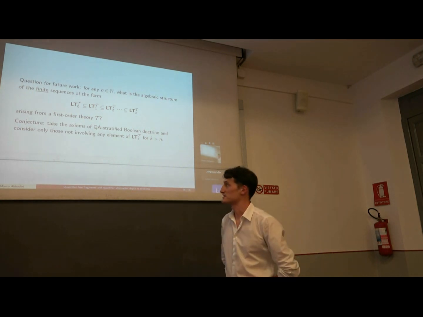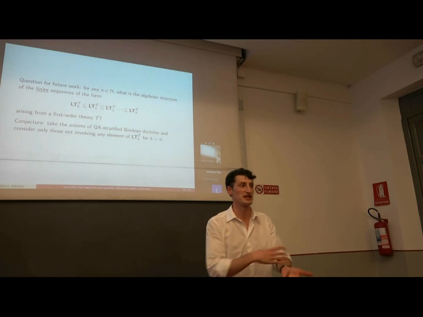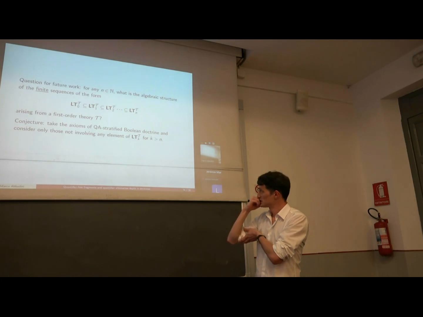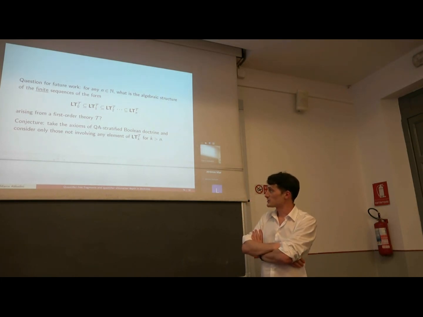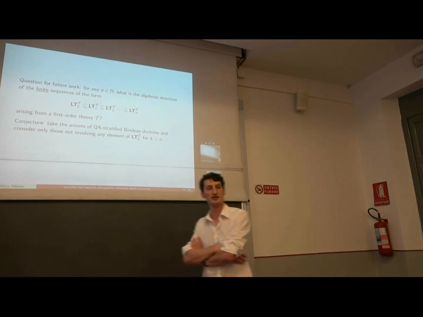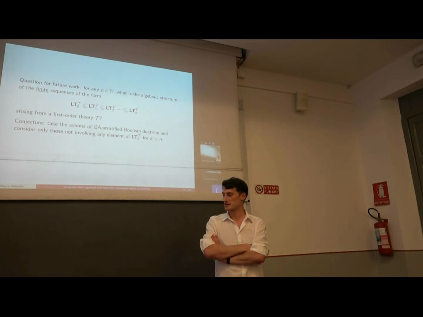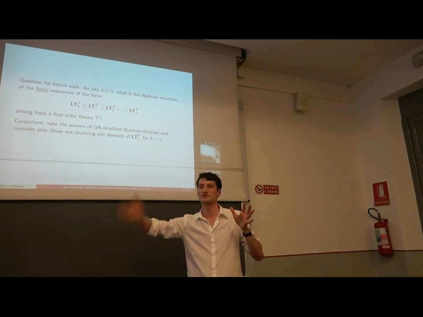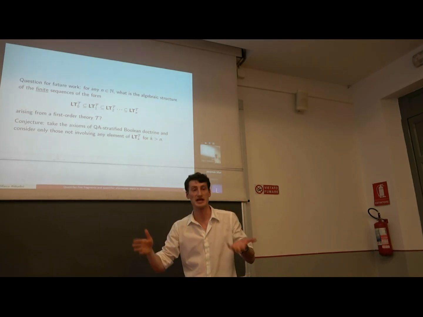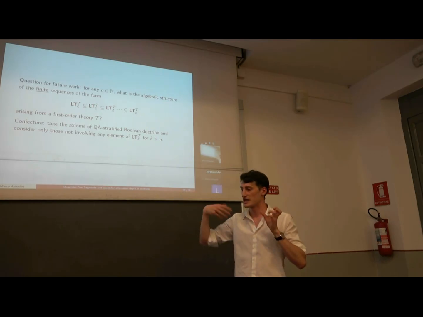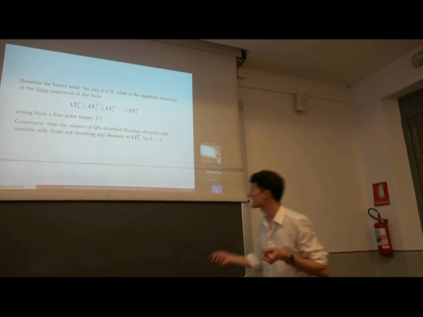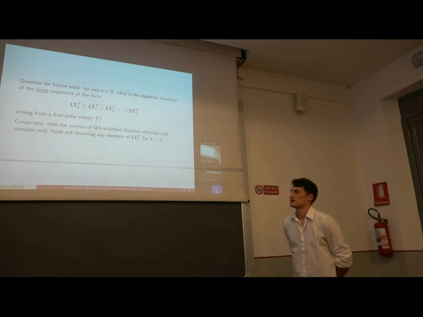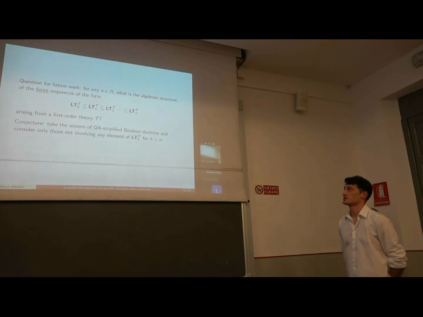And then you ask, what are the axioms that capture the structure arising this way? And we don't know yet. The conjecture is that you look in the definition of QA stratified Boolean doctrine, and then you just take those axioms that make sense, that don't involve any k greater than n. Okay. But this is left for future work.